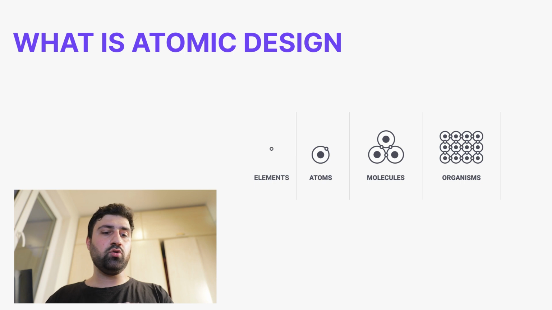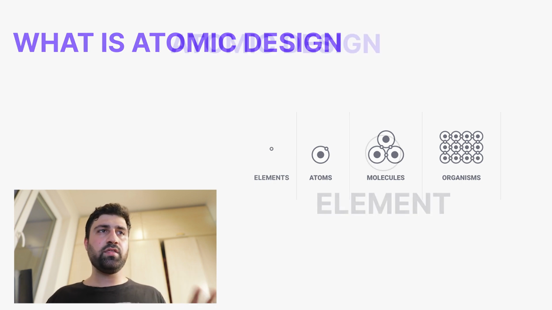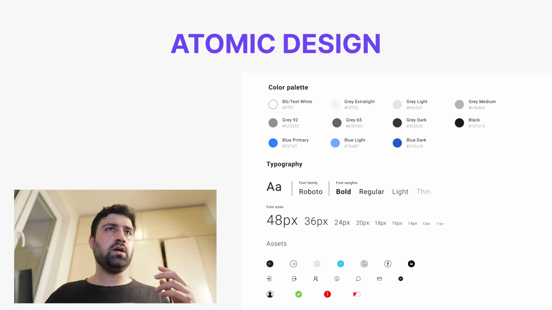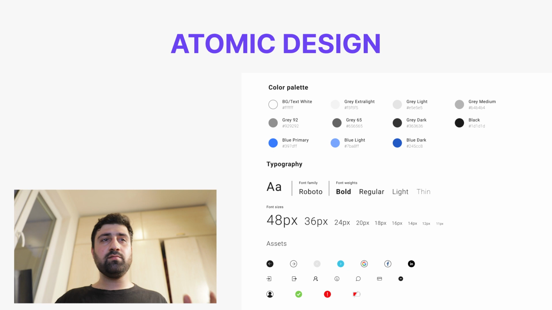First of all, the smallest particle of the atomic design methodology is elements. Elements are basically the foundation of visual components such as colors, typography, icons, etc. Then come atoms.